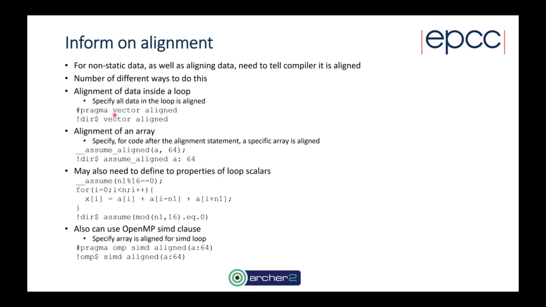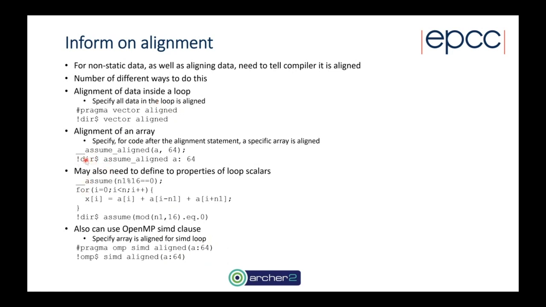You can also use this #pragma vector aligned or !DIR$ VECTOR ALIGNED in C or Fortran, and you put that at the beginning of a loop, and that tells the compiler everything in this loop has been aligned. Okay, so this one down here, we're specifying individual arrays and telling it it's aligned. Up here, we can also say this whole loop has all the data entries that are aligned.